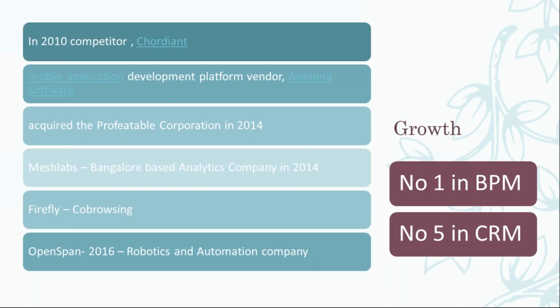And Firefly. There is one concept called co-browsing. The same screen can be used by two persons at the same time. So they acquired Firefly. And recently, April 2016, they acquired a company called OpenSpan, which provides support for robotics and for automation.